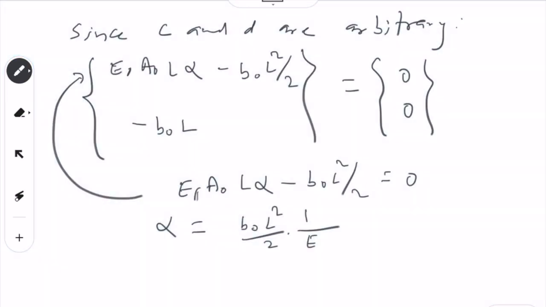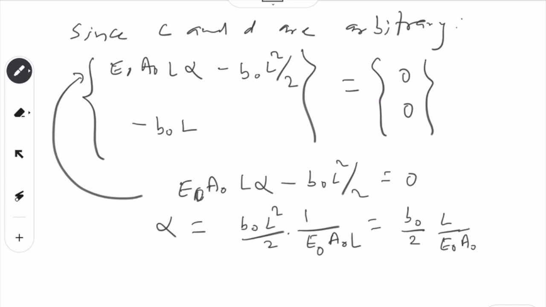So, alpha will be equal to B naught over 2 times L over E naught A naught.